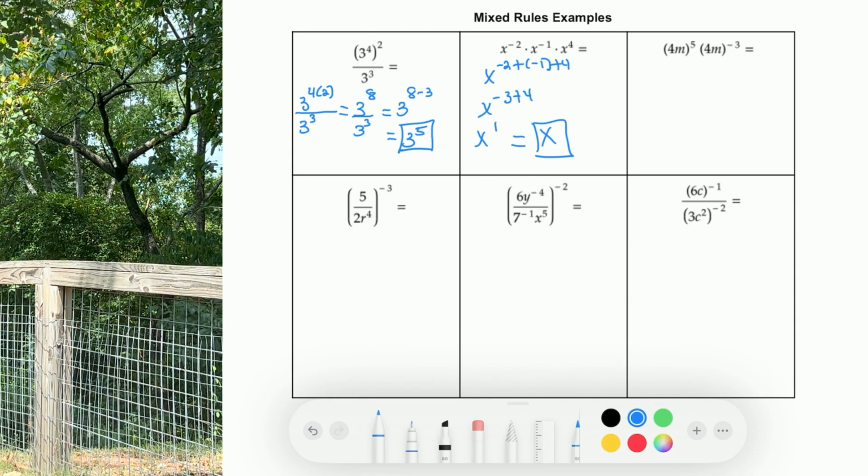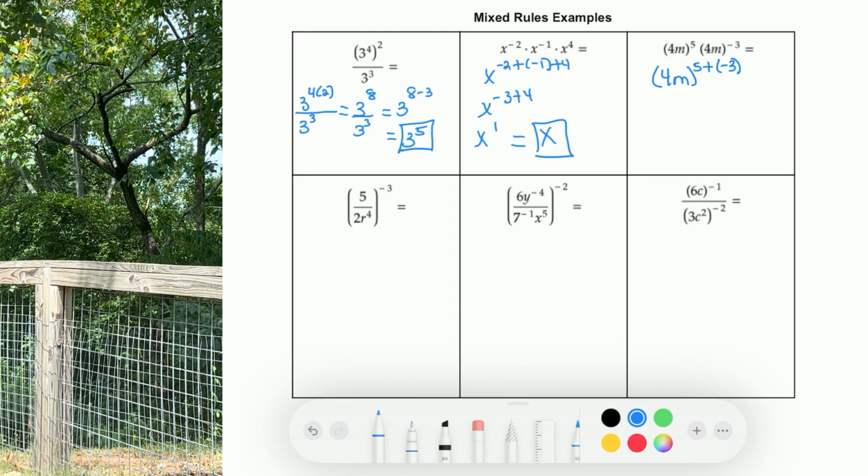Let's look at the next one. 4m to the power of 5 times 4m to the power of negative 3. Our bases are the same. So I'm going to use the product rule here and say 4m to the power of 5 plus that negative 3. The product rule says we add them. And that becomes 4m to the power of 2.